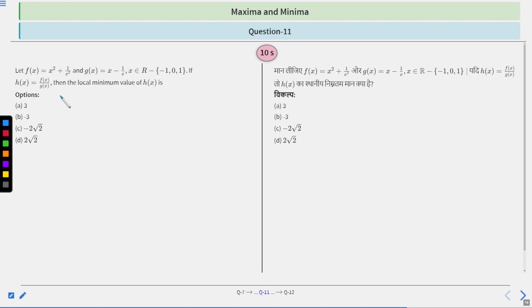The hint of this question is first we will find h(x) by putting the value of f(x) and g(x) as x square plus 1 by x square upon x minus 1 by x. After that, we will convert h(x) in terms of x minus 1 by x.